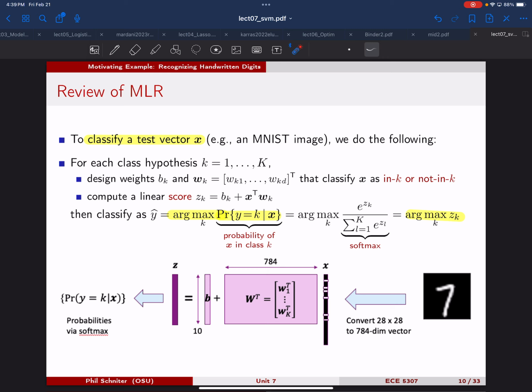Yes. So the data set you are using, you are assuming that the numbers are in the center and they are not rotating. So if that's not the case, would that have any effect on accuracy? Sure, yeah, that's a good point. This particular data set was very curated in that when they collected the data, they made sure that all the numbers were in the center, that they were all the same size, that they were all rotated in the correct way.